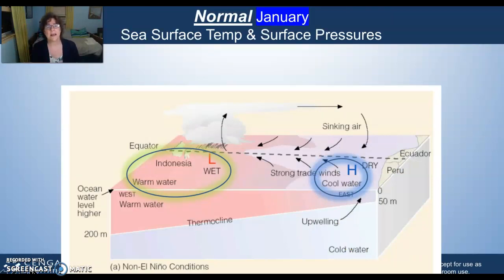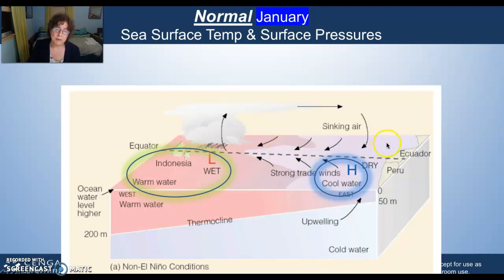Normally, a January cross-section of the ocean from Peru to the Western Pacific shows that there is a high off of Peru, like we explained. And this is driving, along with the upwelling, this water and temperature over to the Western Pacific.